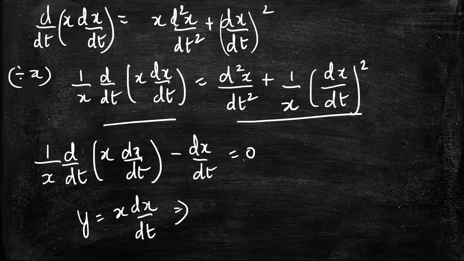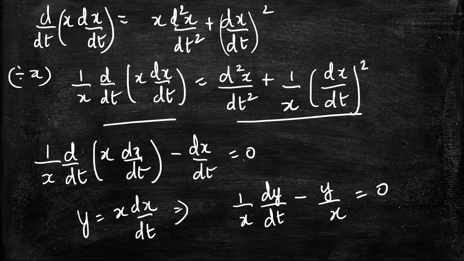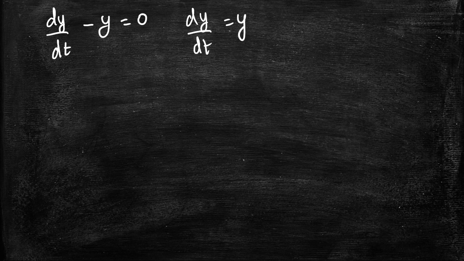So now my equation will change, and this is my new equation. This can be of some form, right? I can rewrite this equation as dy by dt minus y equal to 0. Now I can write this as dy by dt equal to y. So dy by y equal to dt, the variable separation method.